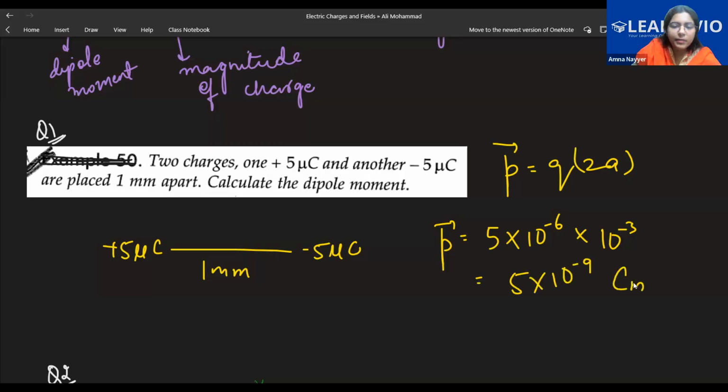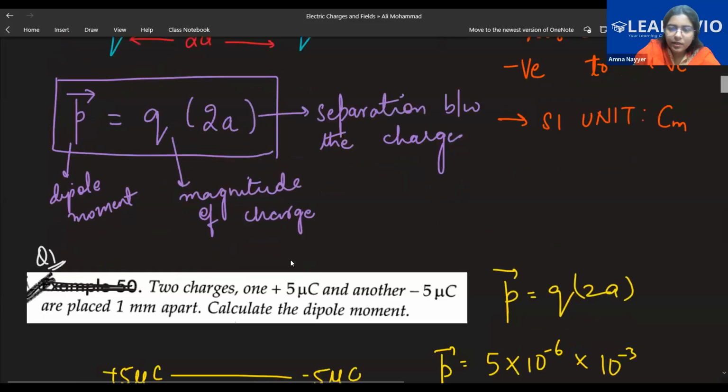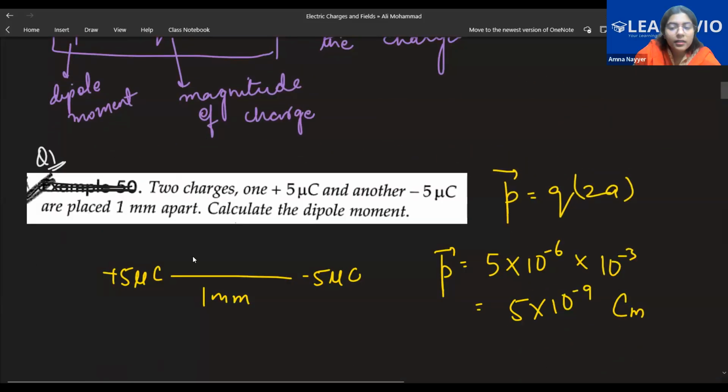But what's the direction? Towards left or right? Towards the negative charge, no?